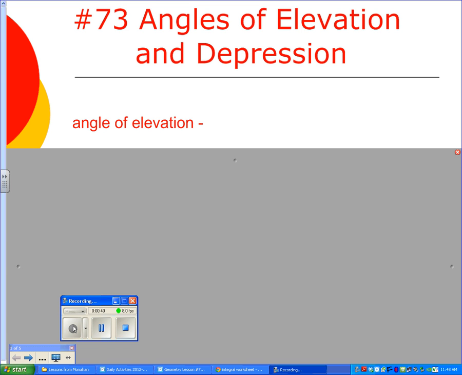The angle formed by a horizontal line and the line of sight to a point above.